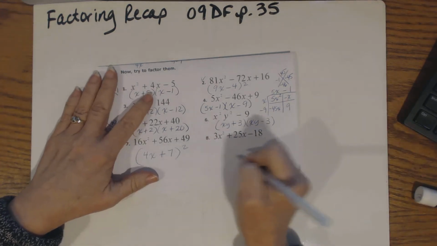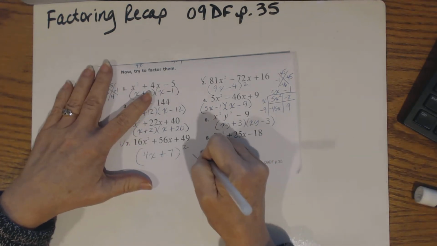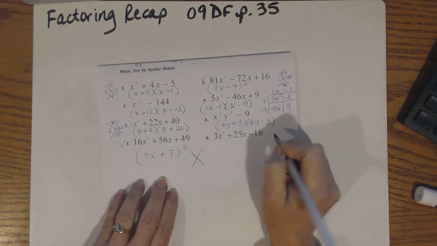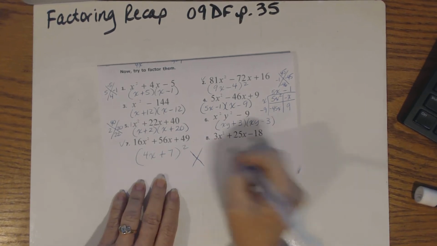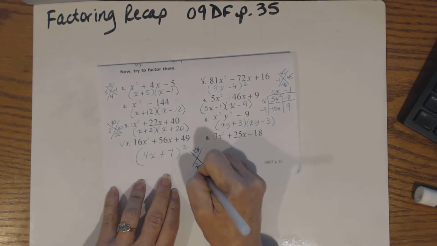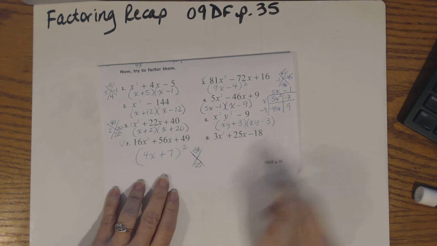Okay, hopefully you've had a chance to do that. I am going to go through the process here where I've got 3 times negative 18 is negative 54, and positive 25.